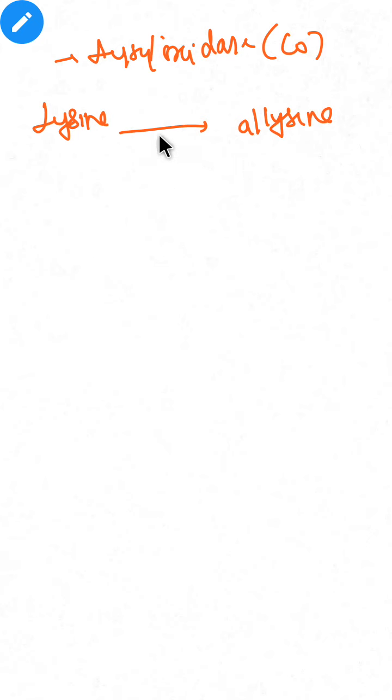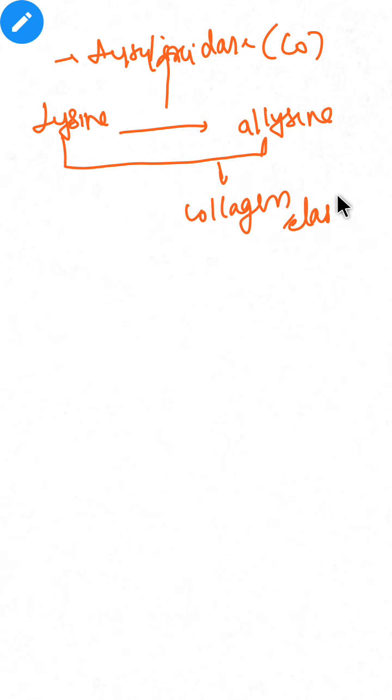This is oxidized by lysyl oxidase, and this reaction takes place in collagen and elastin. So we can say that copper is essential for cross-linking of collagen and these proteins.